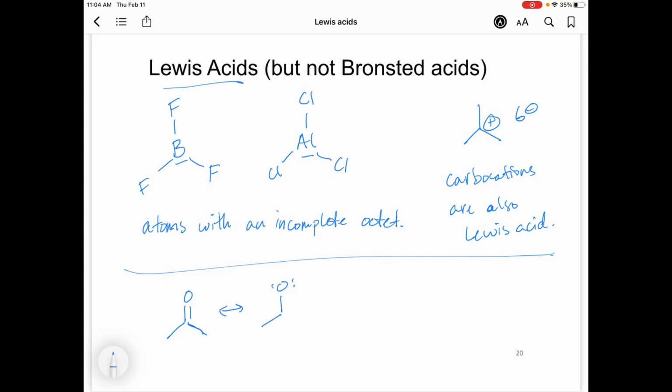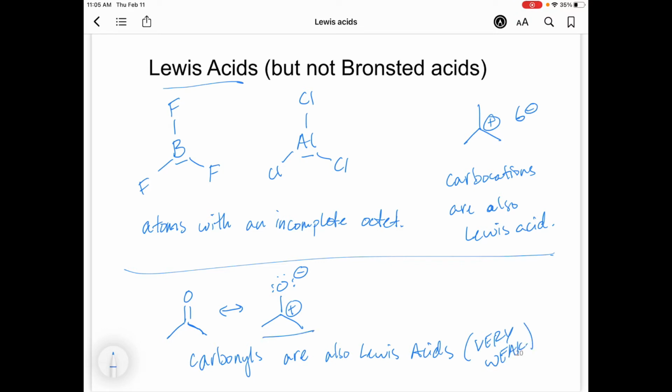I can draw a resonance structure where I have a carbocation here. So carbonyls are also Lewis acids. Okay, very weak, but they are also Lewis acids, and that's because they have this resonance form that's showing that that carbon also can have less than an octet here.